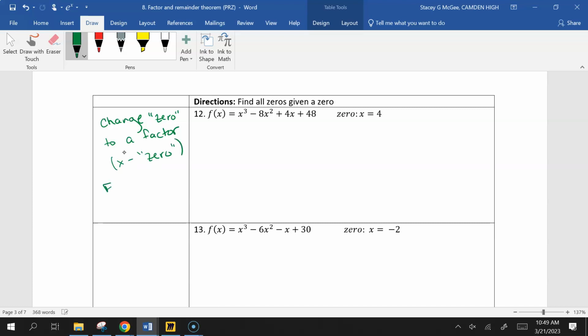And then I'm going to follow the steps of the previous problems. Which means if x equals 4 is one of the zeros, that means the factor that goes with that is what? Y'all can do this. X minus 4.